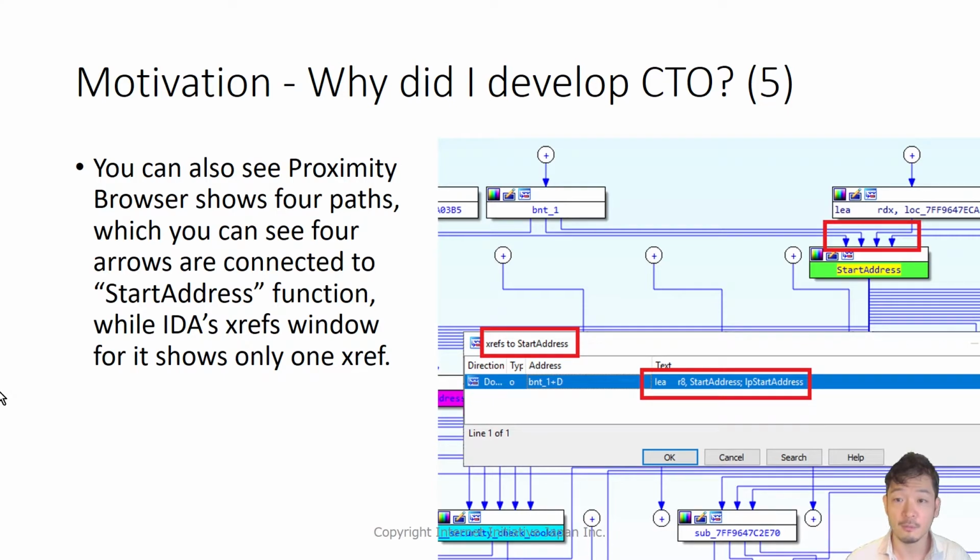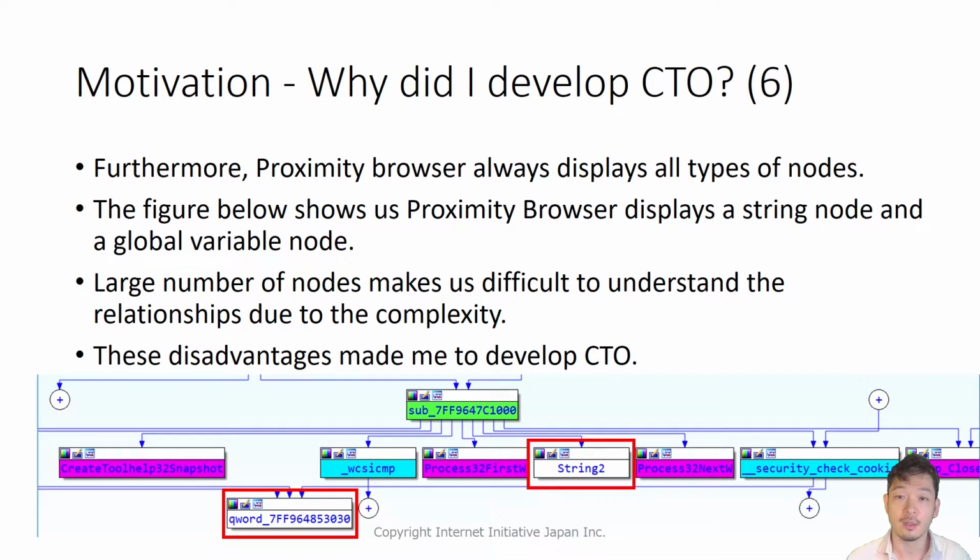In this figure, you can also see proximity browser shows four paths here. But actually, IDA has only one xref here. Proximity browser shows us unnecessary xrefs in this situation as well. Furthermore, proximity browser always displays all types of nodes.